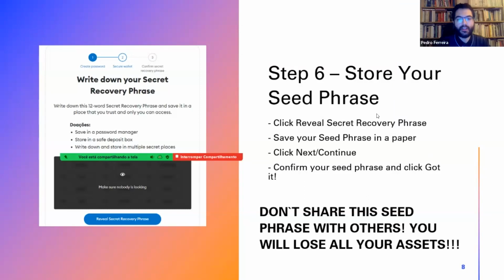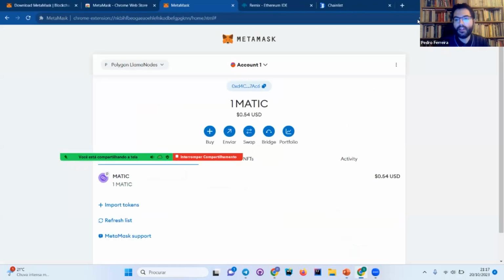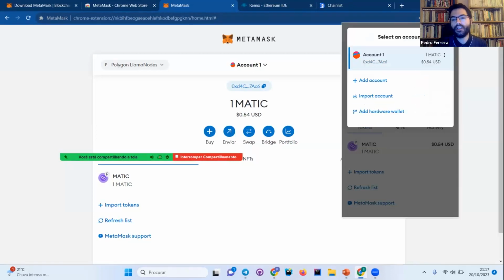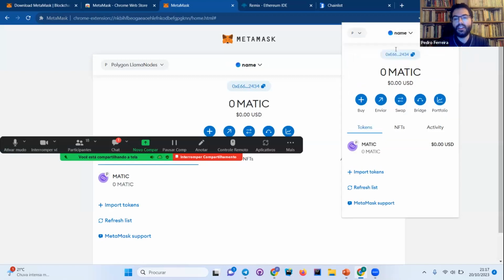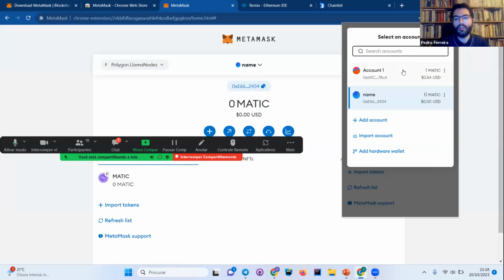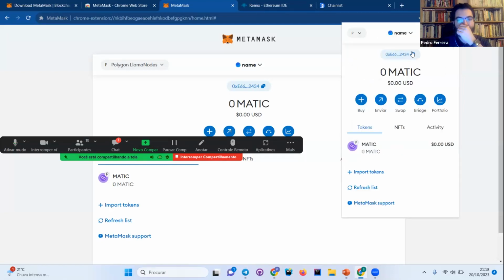For the people that already have a MetaMask, go to your MetaMask, go to account, and add a new account. You can name it as you want, and this will create a new account for you on MetaMask with a new address.